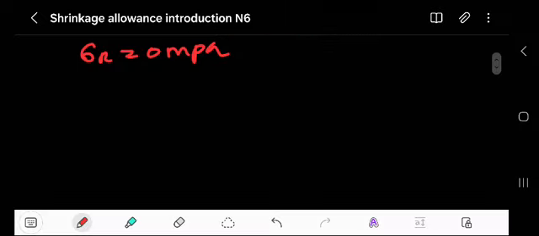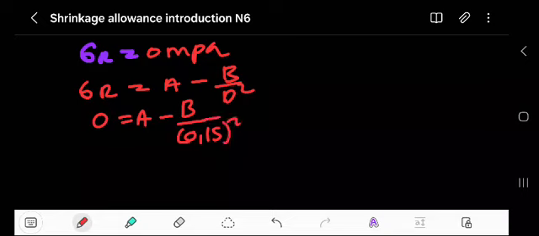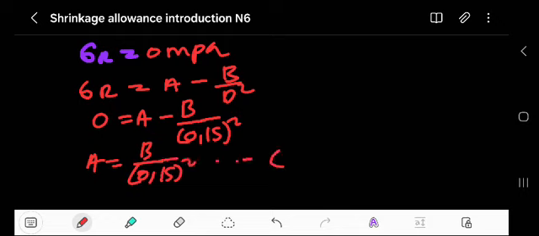The radial stress is equal to A minus B over D squared. Here this is 0, A we don't know, minus B, and the diameter is 150, so 0.15, squared. We can make A the subject, have B positive, and call this equation 2.